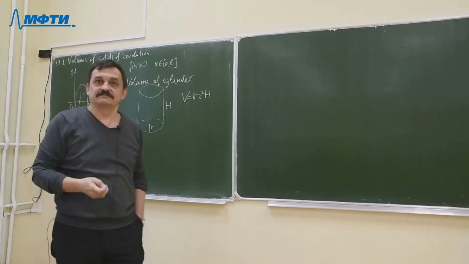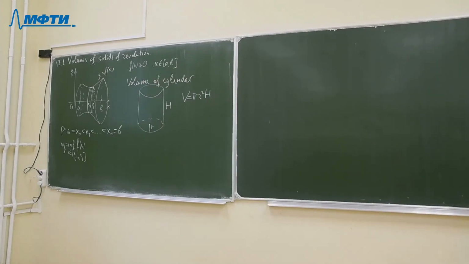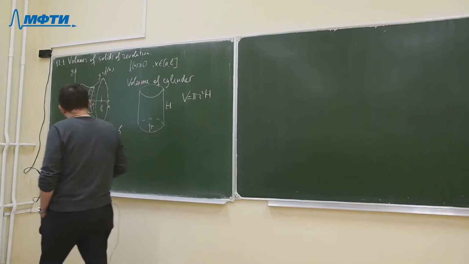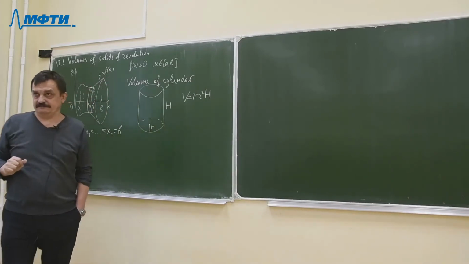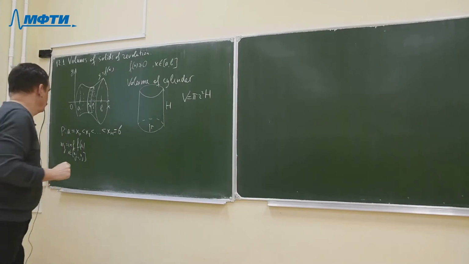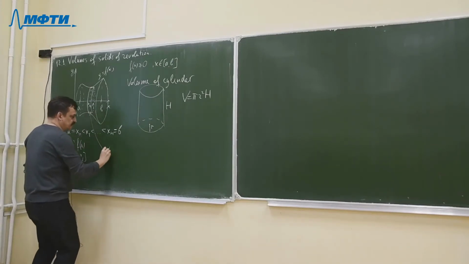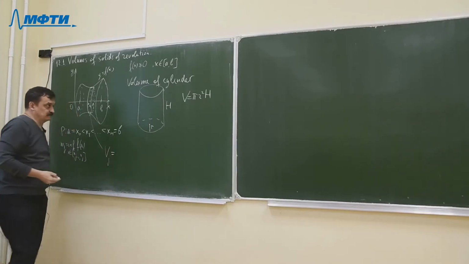A thin cylinder. And what is the volume of this thin cylinder? The volume of this thin cylinder, V_j, let's say, is equal to what?